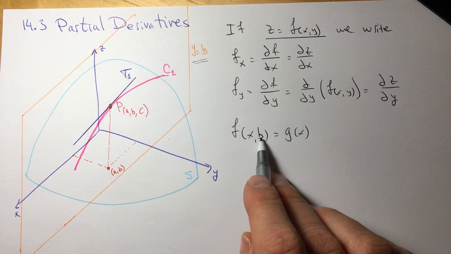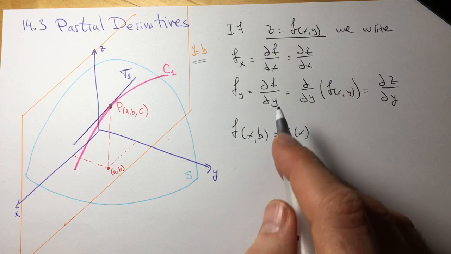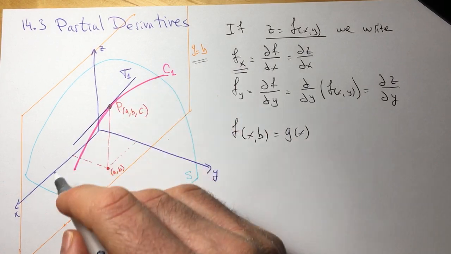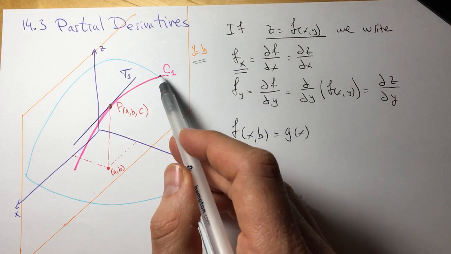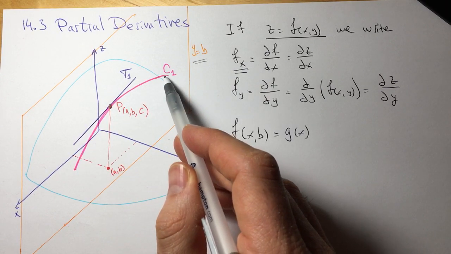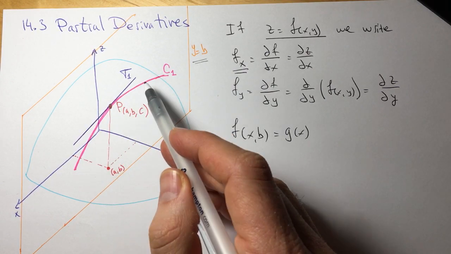So what is going to be then the partial derivative of f with respect to x? It is nothing else but the slope of this curve C1 at any of these points.